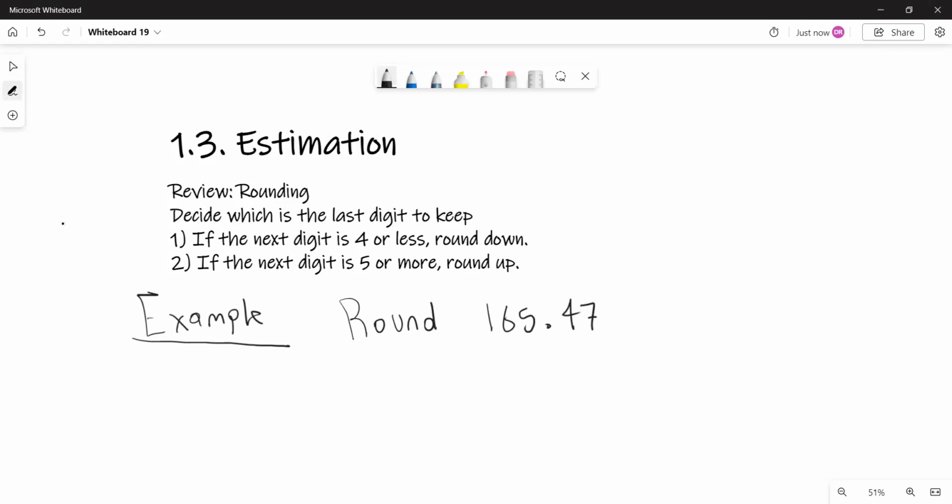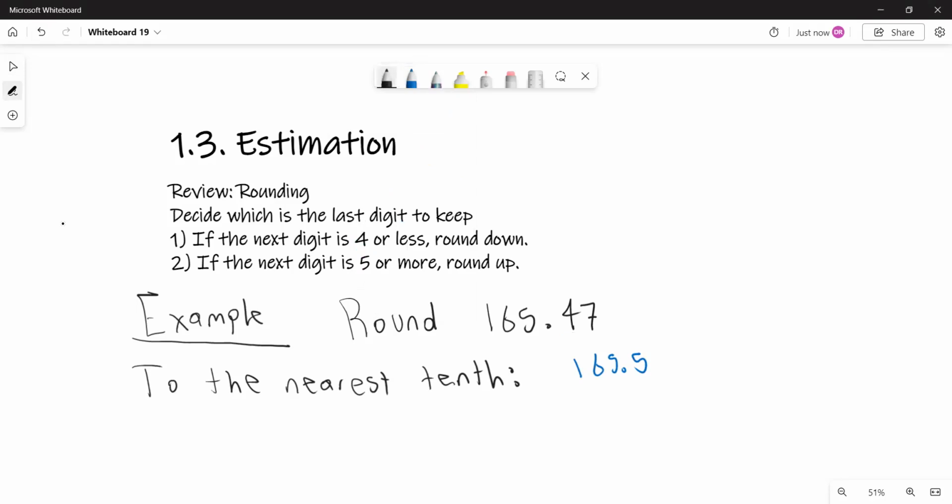Let's say you want to round it to the nearest tenth. So to the nearest tenth, the last digit you're going to keep is the digit after the decimal point. The number following is 7, so you round up. That's going to be 165.5.